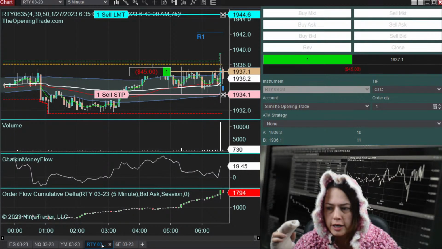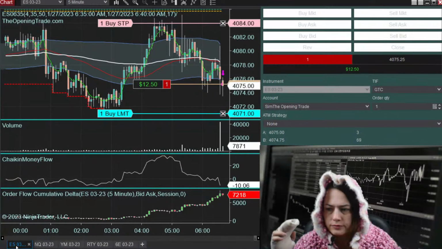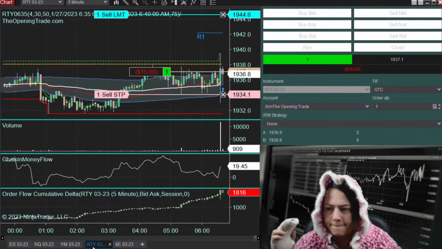So the Russell trade is going to be a long, and our S&P is going to be a short. So we're going to watch these two automated trades today.